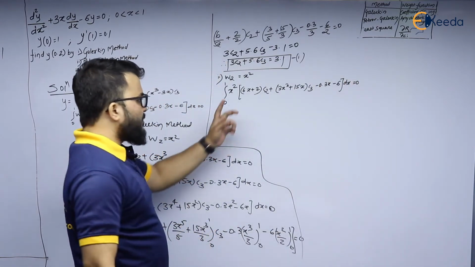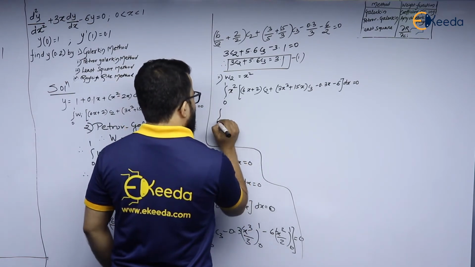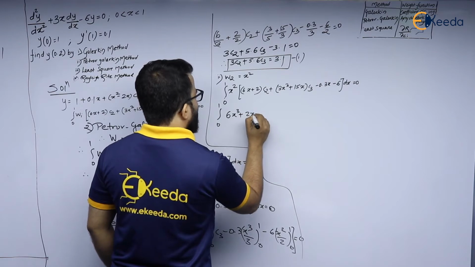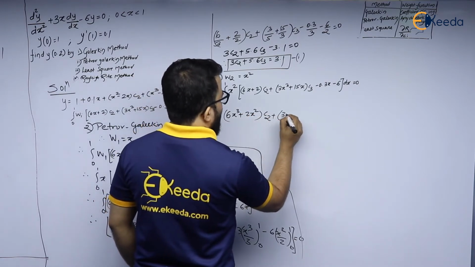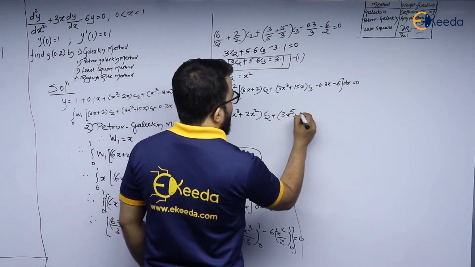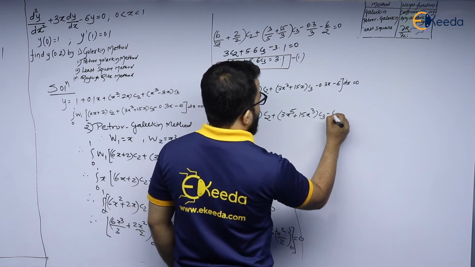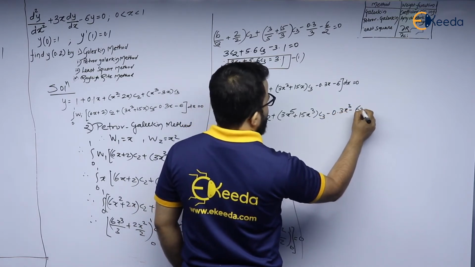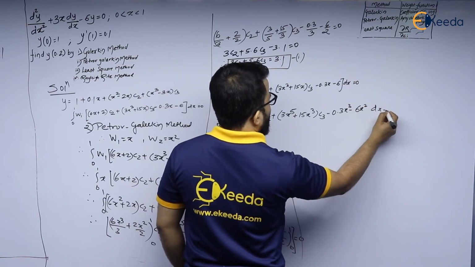So I will multiply this x square throughout the bracket. After multiplying, I will get the integral from 0 to 1 of (6x cube plus 2x square) into C2 plus (3x raised to 5 plus 15x cube) into C3 minus 0.3x cube minus 6x square dx is equal to 0.